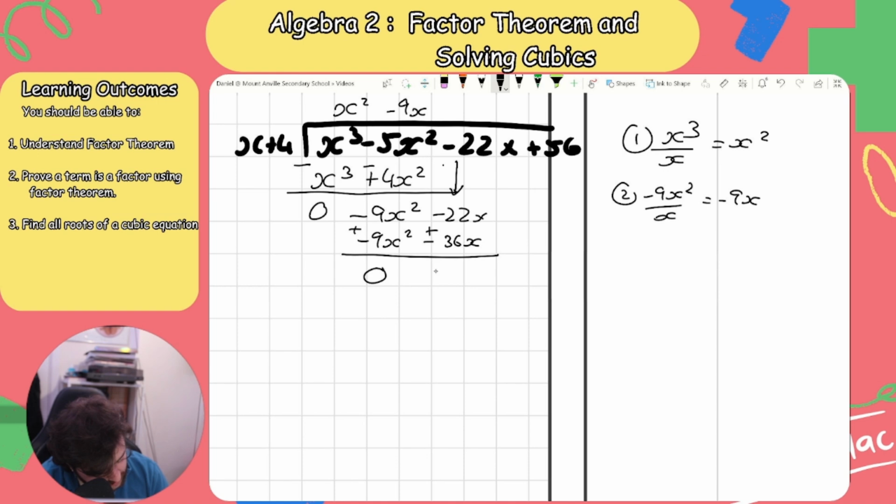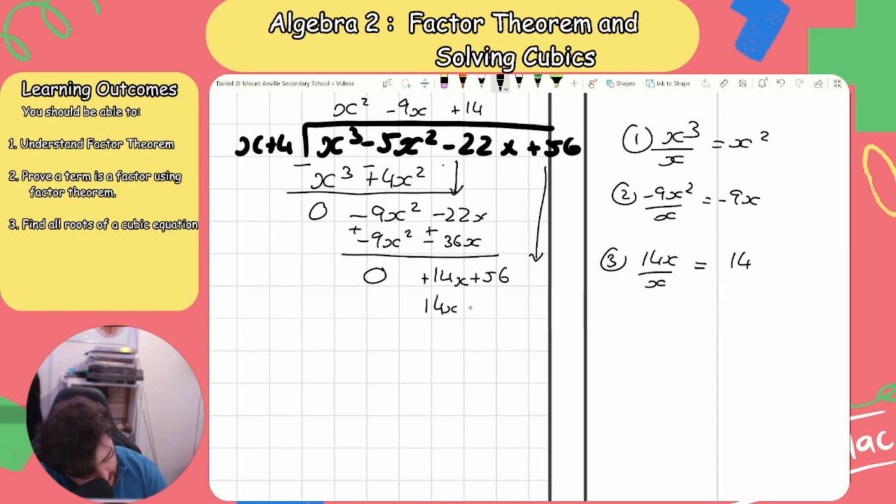This is going to be plus 14x. Bring down the 56. Now I'm left here 14x divided by x is equal to 14. Put the 14 on top. I'm going to get 14x. 14 times 4 is 56. Change the signs. Minus 0, 0.